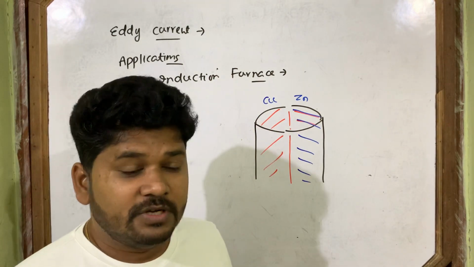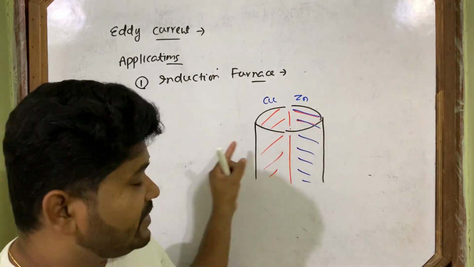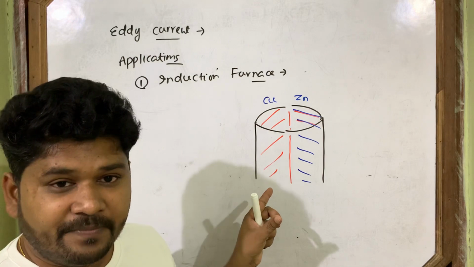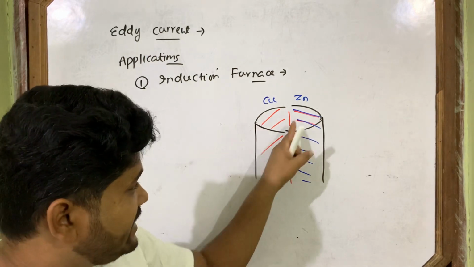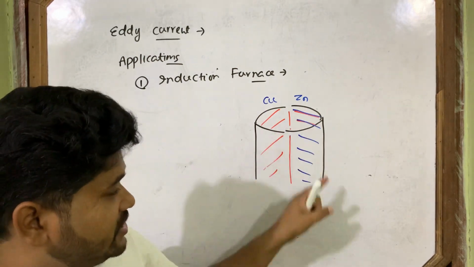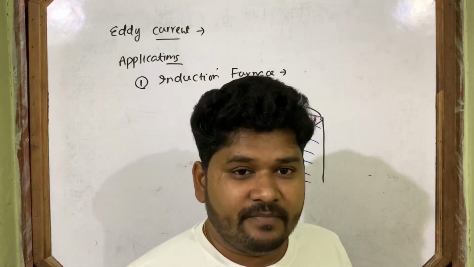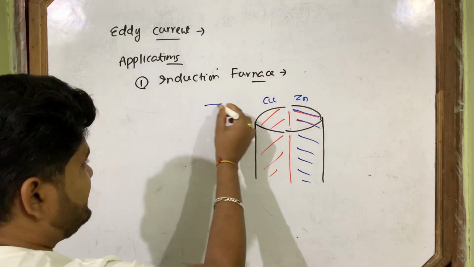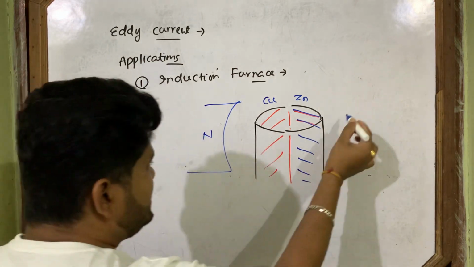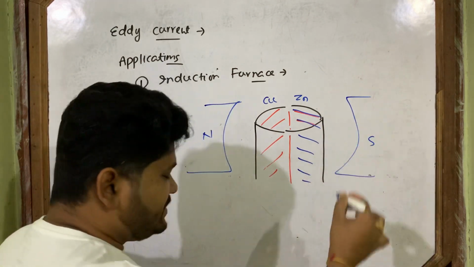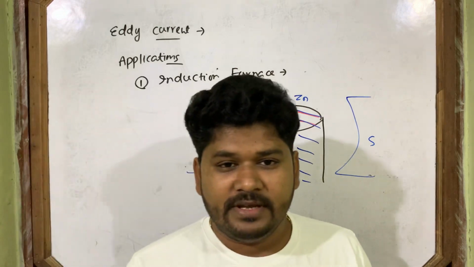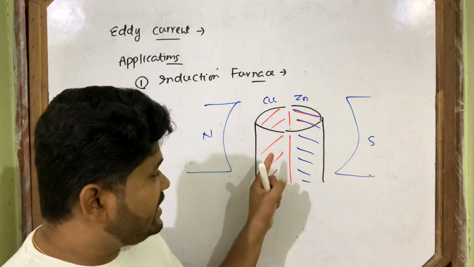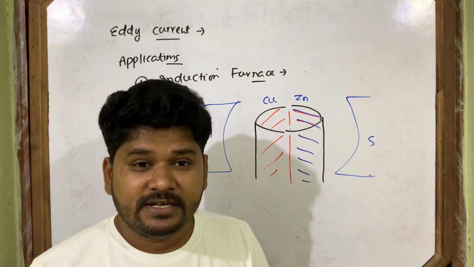Then what do you do? You rotate this jacket covering, this combination of the two metals. These are solid metals, copper and zinc, but you rotate them at very high speed in a strong magnetic field. Eddy current forms in these metals.